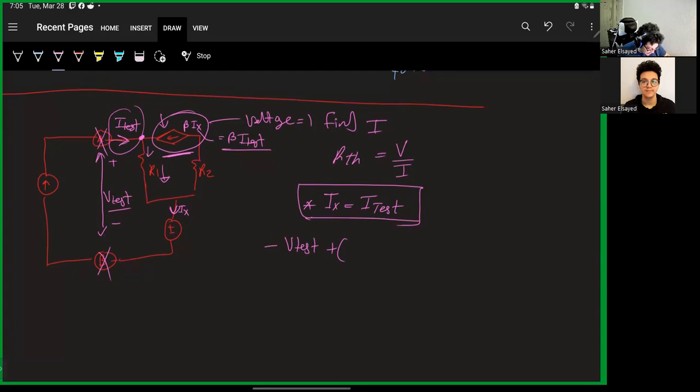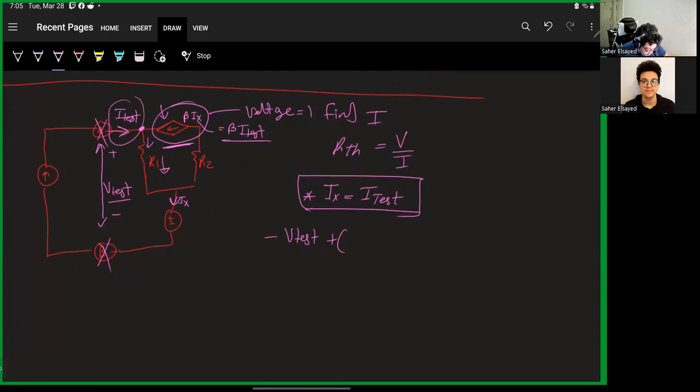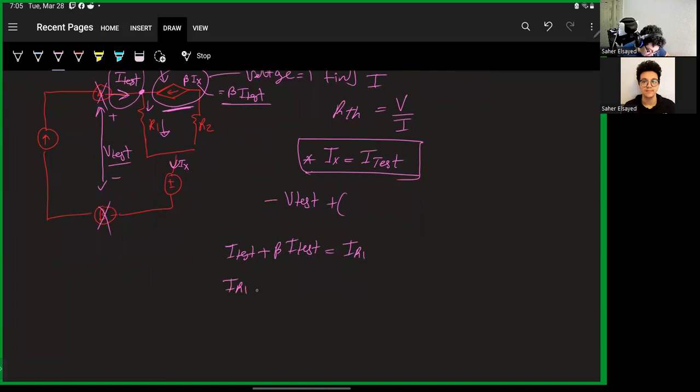What's going in is I test plus beta I test going into the node, and what's coming out, let's say it's IR1. So IR1 is equal to, taking I test as a common factor, I test times 1 plus beta. That's the current going through R1.